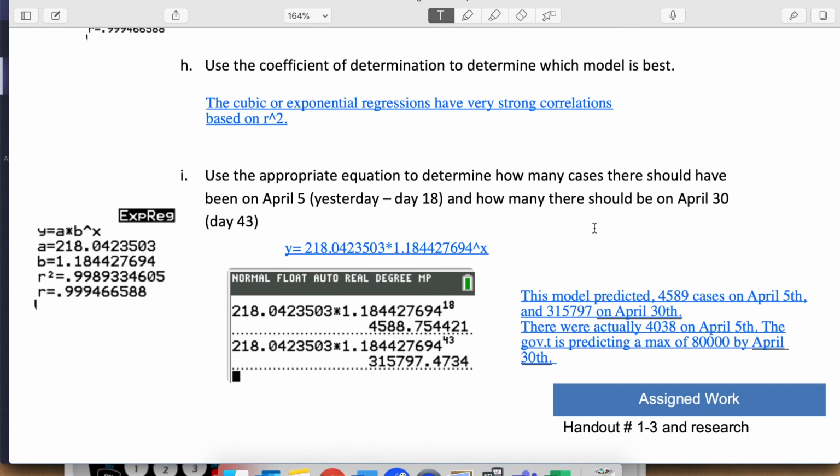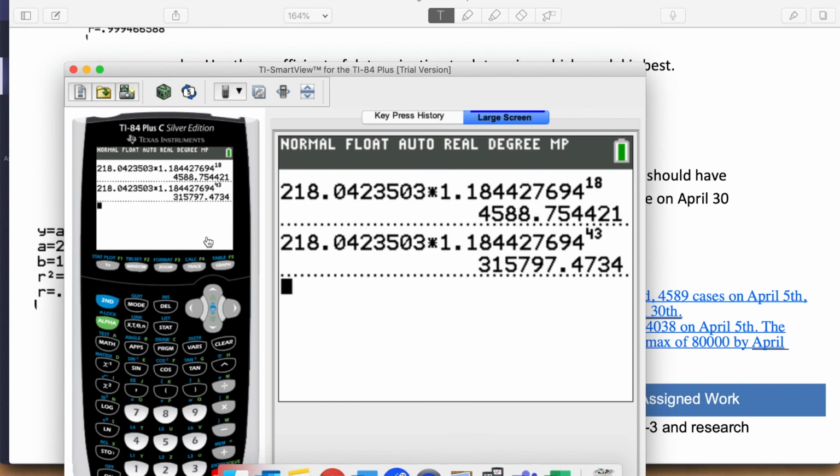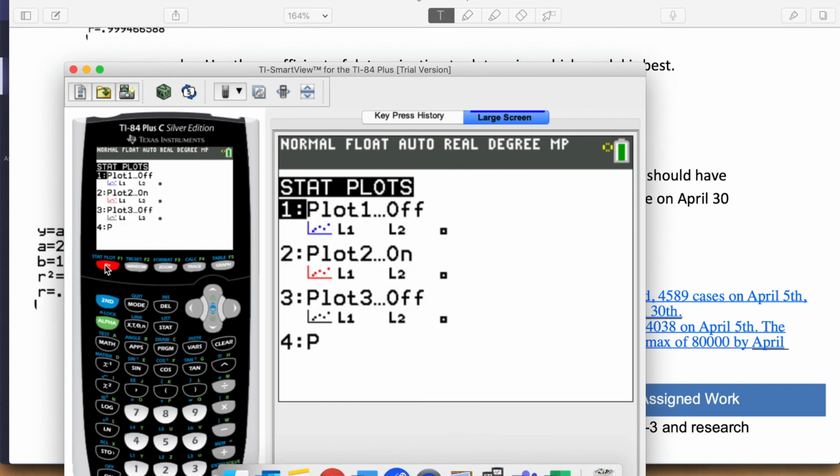Again, you're going to take any 14 consecutive days from any location, get a model, put it in your calculator, get this equation, and then see what comes up. So you can do that, plus there's a short 1 to 3 on a handout that I'd like you to try.